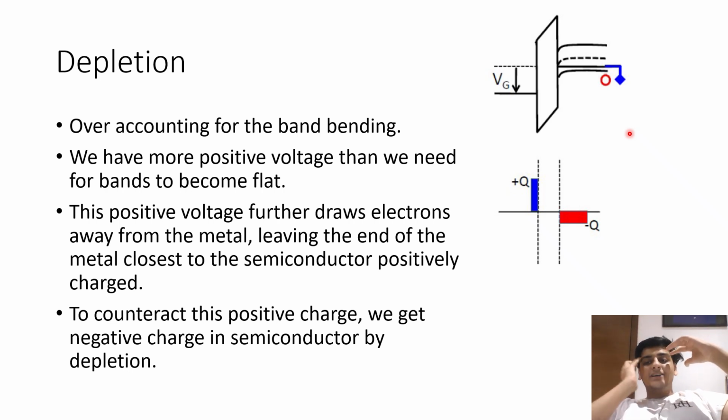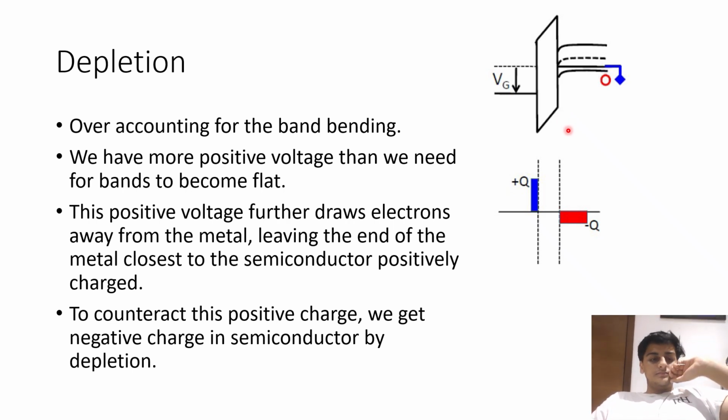Bands don't exist in real life. Bands exist in our model of the situation. But things like electrons, things like these holes and all that exist in real life. So we have to find the things that exist in real life that cause the things to happen in our model. Yeah, so this is depletion.